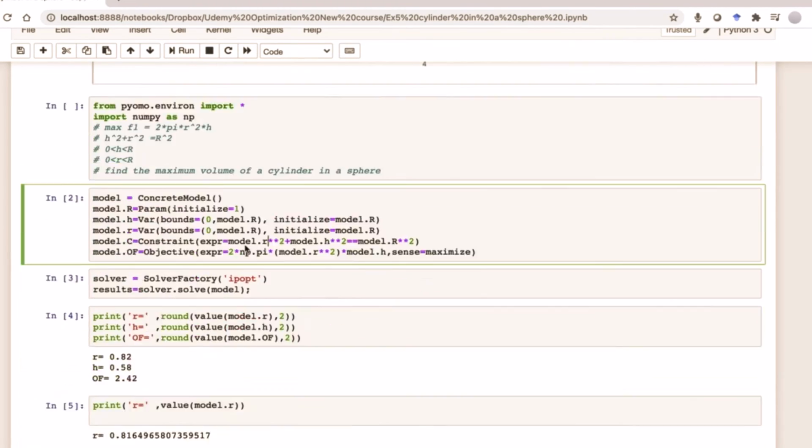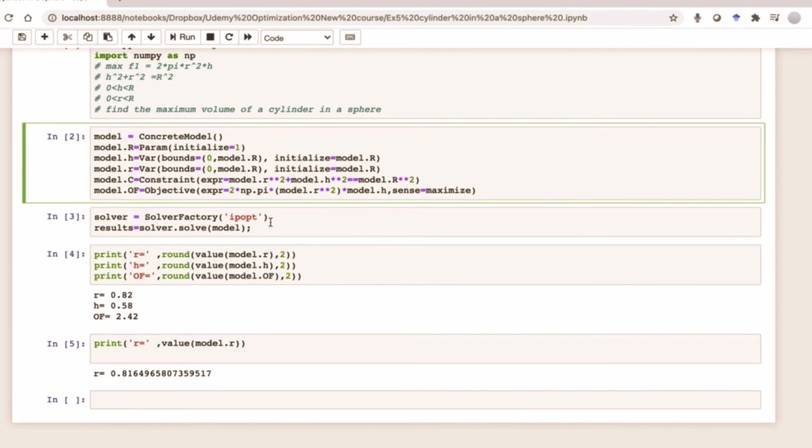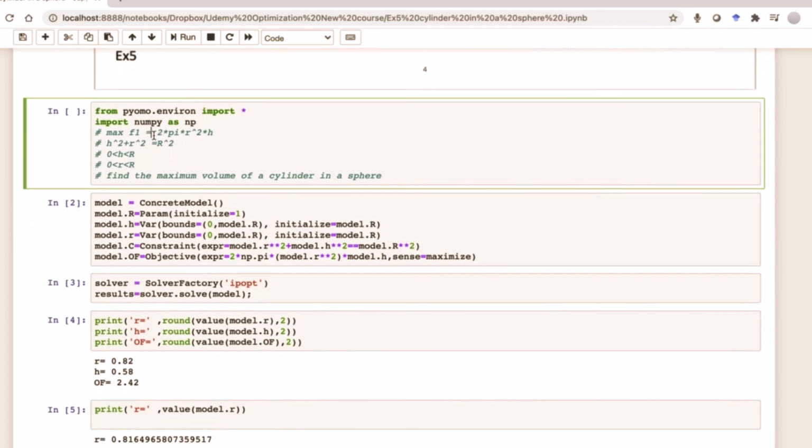I'll write it down: 2 pi r square multiplied by h, and the sense of the optimization is maximize. Since the overall model is a nonlinear program, I can use the IPOpt solver, and the result is given here.